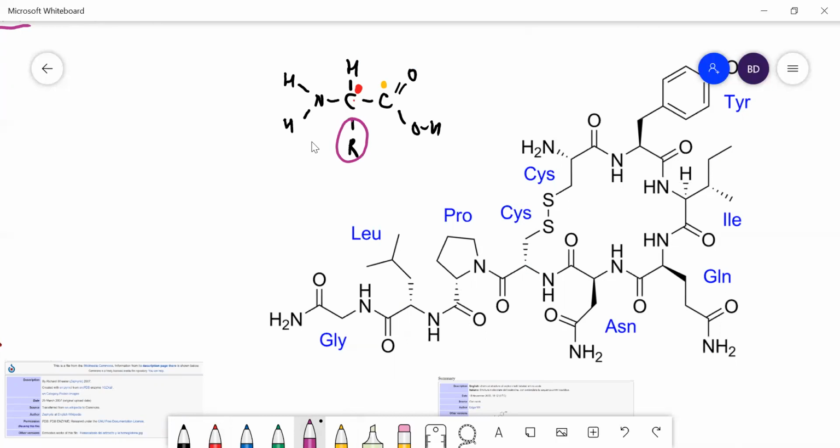Okay, so let's have a look at this one. Right, so let's see. We can see where the peptide links are as well. So these are the carboxylic acid.